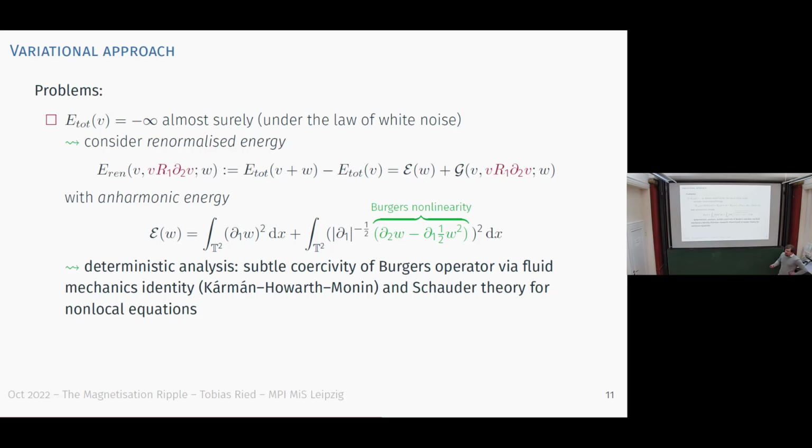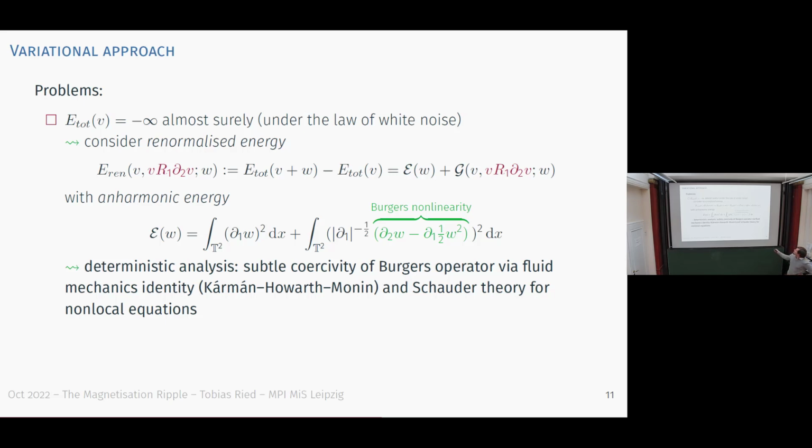Well-defined if you think for the moment of having a smooth noise, so that this product here, which still is problematic from a different point of view, is well-defined. So after subtracting this infinity, we end up with an energy which is nicely behaved. Let me split it into two parts, this anharmonic energy, which has the exchange part, and the stray field energy, which still has this Burgers nonlinearity in here, plus a remainder.